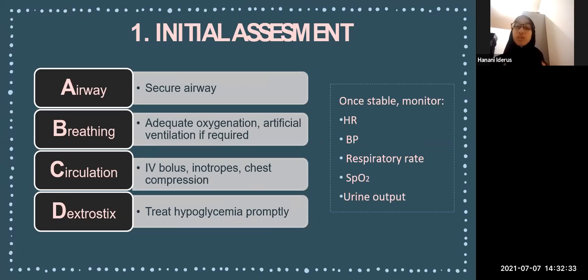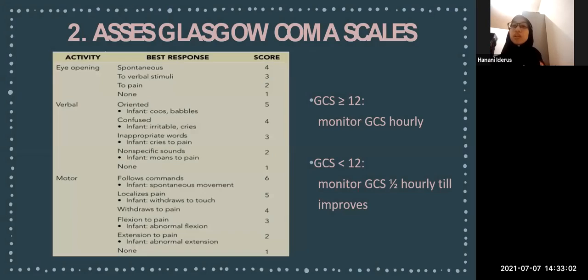Then it is important for us to check the blood glucose level, because hypoglycemia is among the causes of altered consciousness, and this condition can be fixed rapidly if we just take the time to check the glucose, and then we treat the hypoglycemia. Once the patient is stabilized, we need to monitor the vital signs, including the SpO2 and also the urine output.